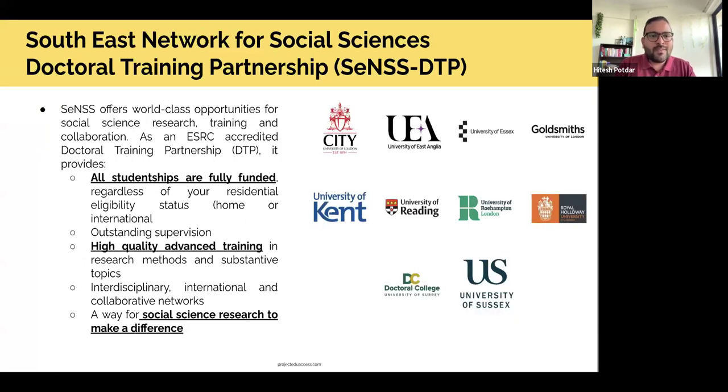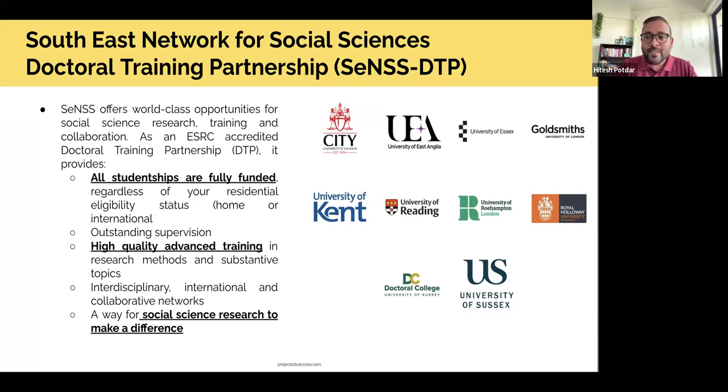Now, the Southeast Network for Social Sciences, SENS, makes the process more tricky, unfortunately, again. But it's not undoable. It's very much doable, but it's lengthier than LISS DTP applications, because it has many kinds of studentships and courses which they provide.